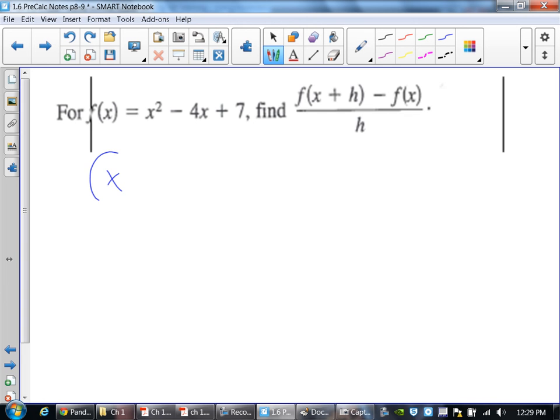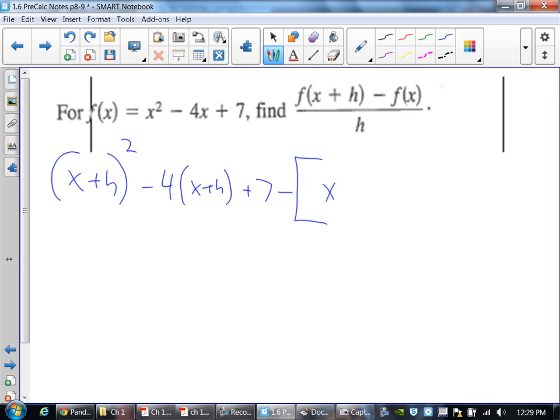You get x plus h, quantity squared, for the first part, minus 4 times x plus h, plus 7. That is f of quantity x plus h. I just substitute in. The second part then is to subtract the original equation. But what do you have to remember to do? Distribute your negatives. When you go through this, what is junk squared?